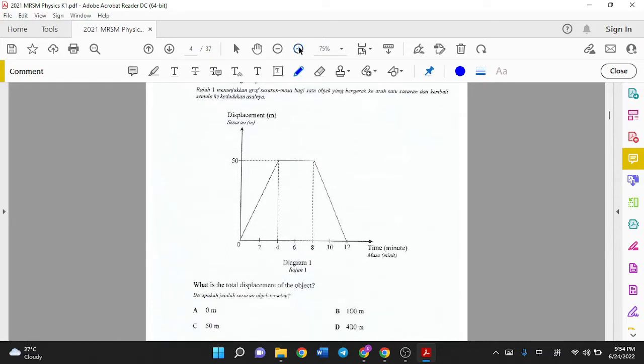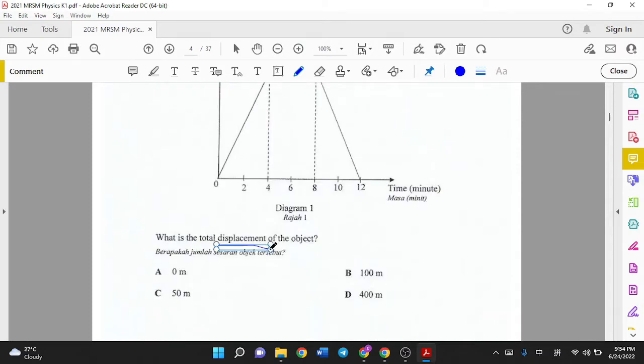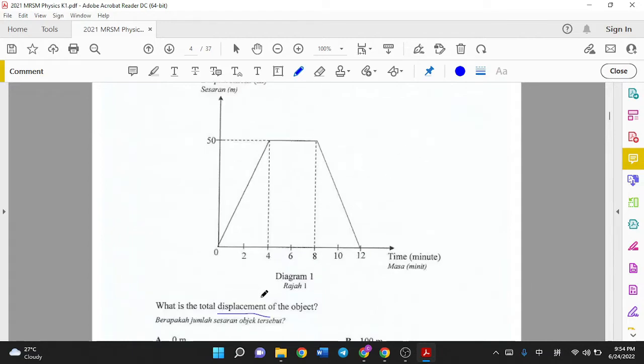So remember, displacement is the shortest distance between 2 points, okay, so this is A and then this is B. So if you move from point A to point B, it is 5m, and then you move back, which means your initial position is at A and your final position is at A. Then your displacement should be 0.